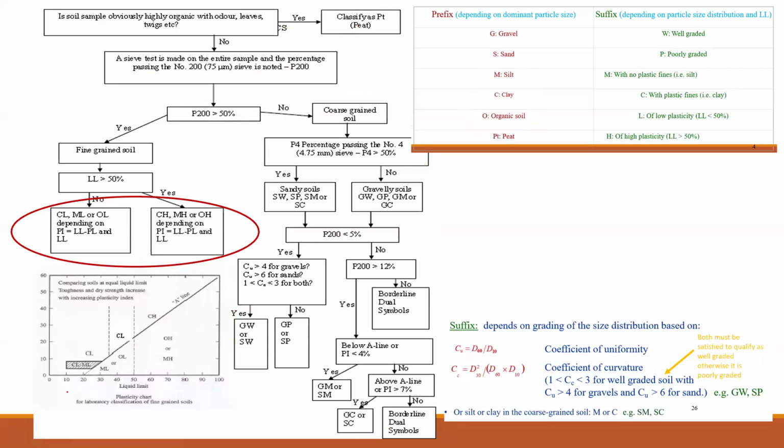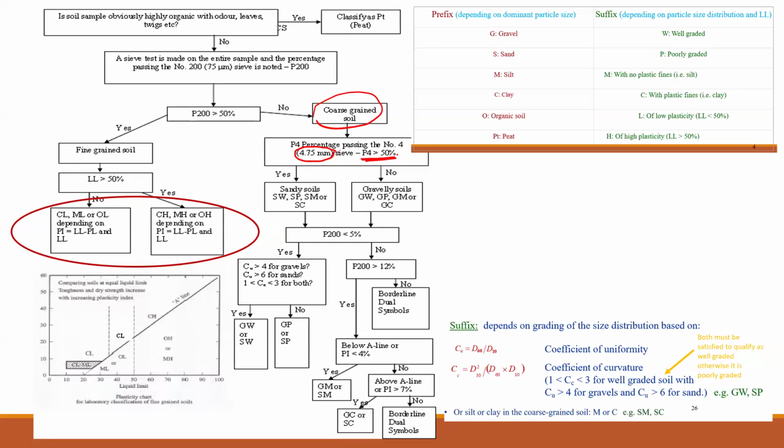We have coarse-grained soil that can be gravelly or sandy. So now we need to find out from the 4.75 millimeter sieve whether the percentage passing is more than 50.